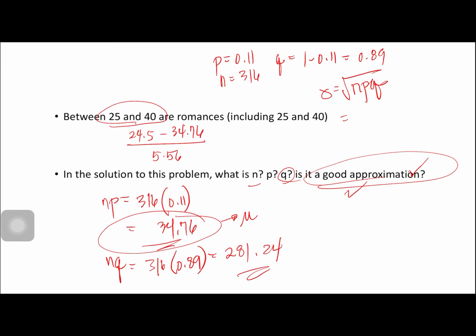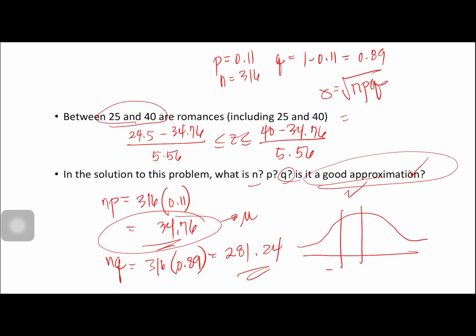Then get the square root of this. We have 5.56. We have 24.5 minus 34.76 divided by 5.56 is less than or equal to z is less than or equal to 40.5 minus 34.76 divided by 5.56. In our normal curve, we have here negative 1.84.